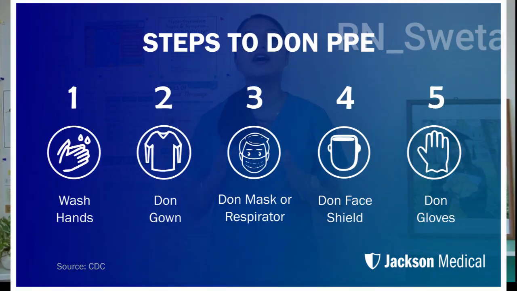The gloves, guys, will have their appropriate size. So you should have your own size of gloves. Okay, that has to be fitted in, and also it should cover the wrist part of the gown. The wrist part of the gown usually is elastic, so the gloves have to cover up the wrist part of the gown. This is how you don the PPE kit appropriately.